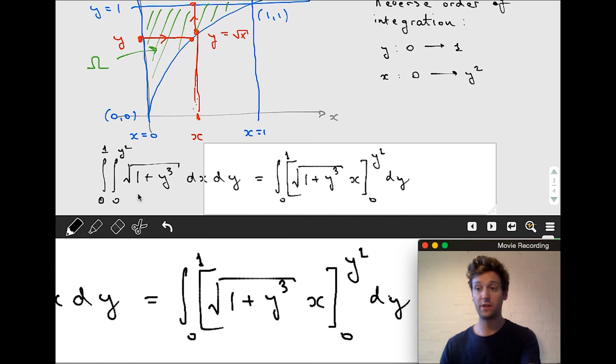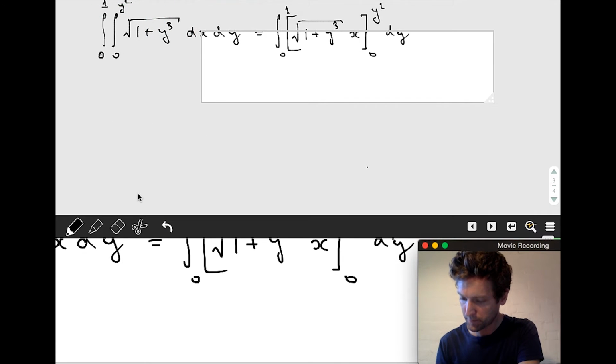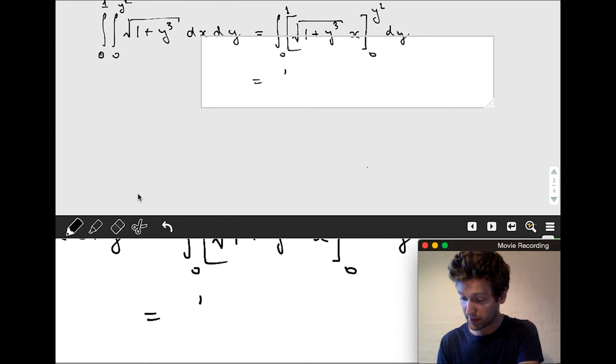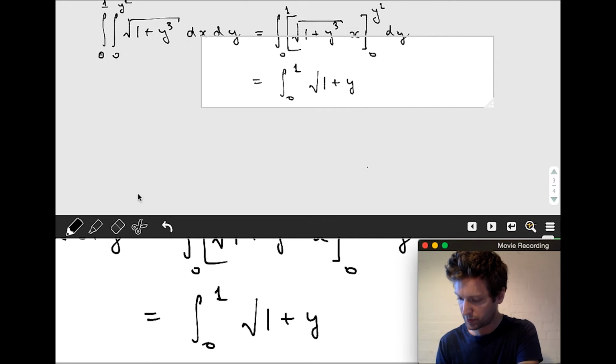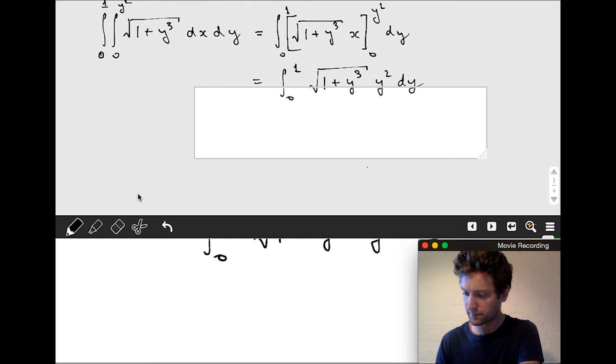So let's substitute in x equal to 0 and y squared. x equal to y squared gives me the integral from 0 to 1 of square root of 1 plus y cubed times y squared dy.